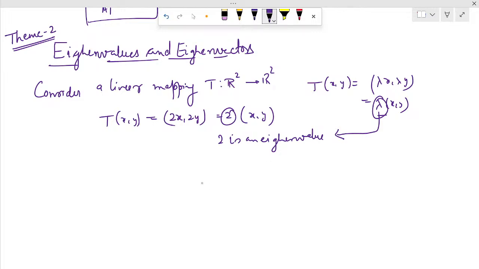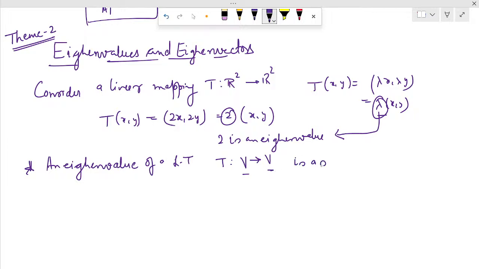Okay, so I'll write it here. An eigenvalue of a linear transformation T defined from V to V. So let's say there is a vector space V and we define a linear transformation from V to V. What is an eigenvalue?